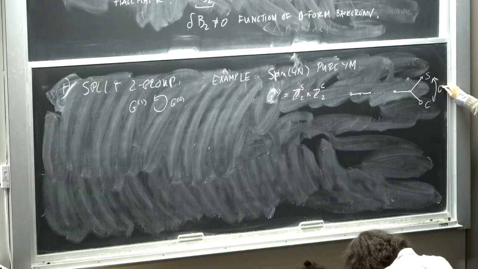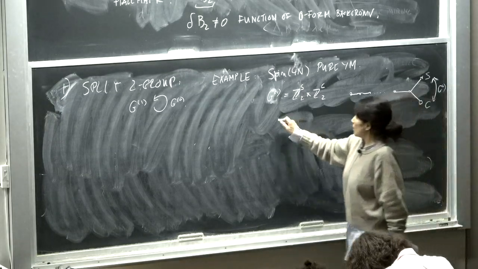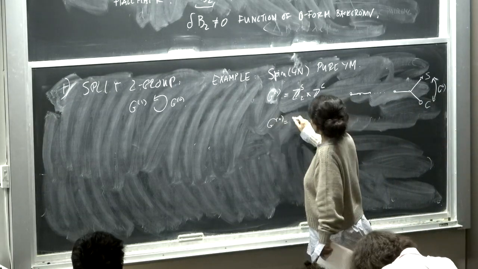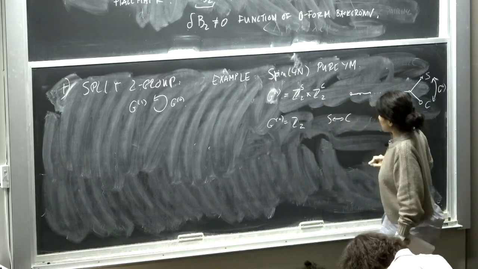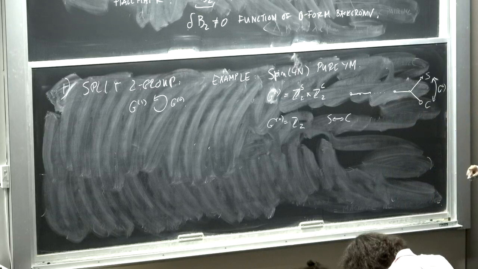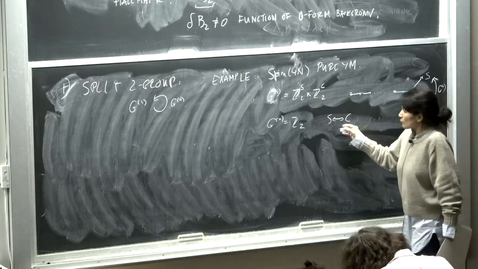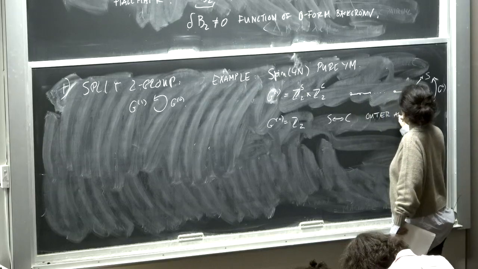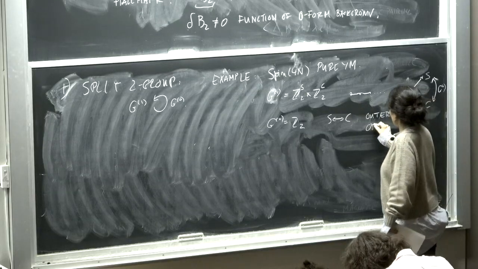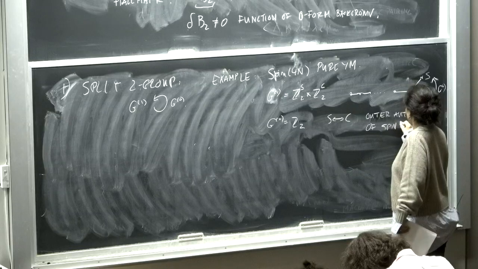So this is G0. G0 is Z2, and it exchanges the spinor and co-spinor Wilson lines. And it's an outer automorphism of spin(4n).